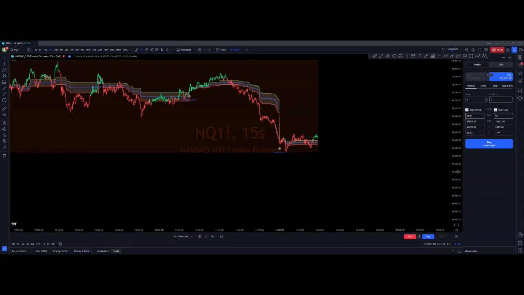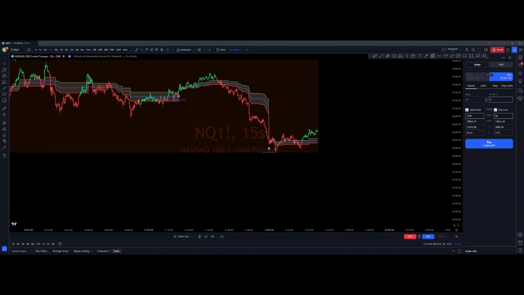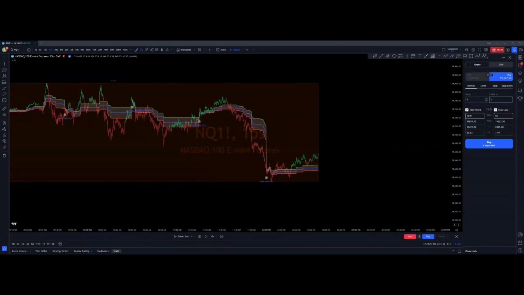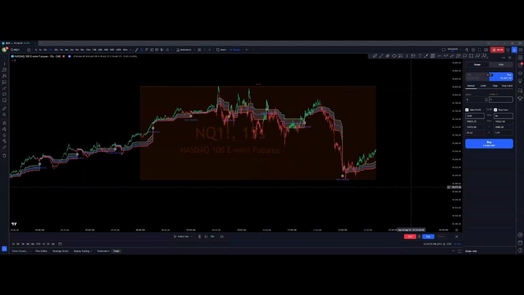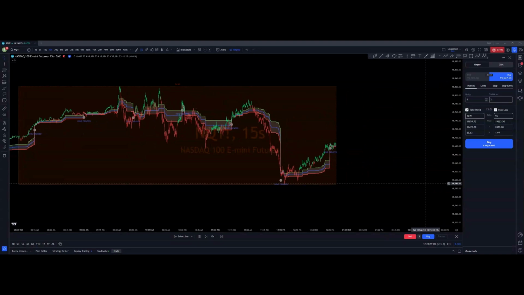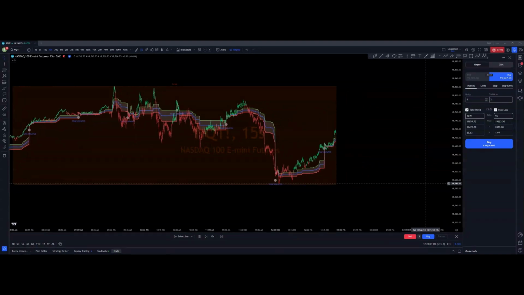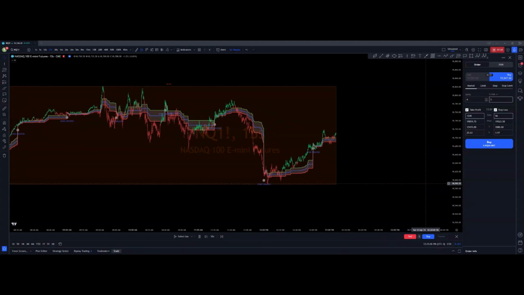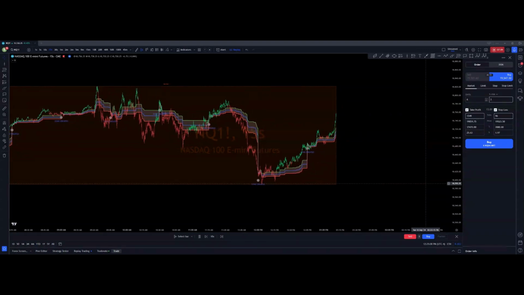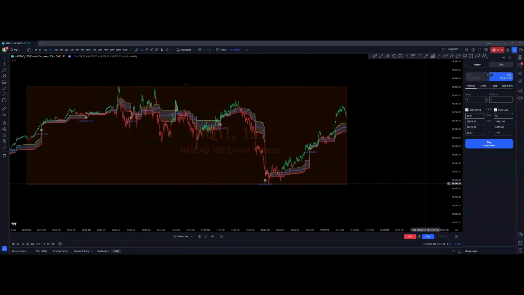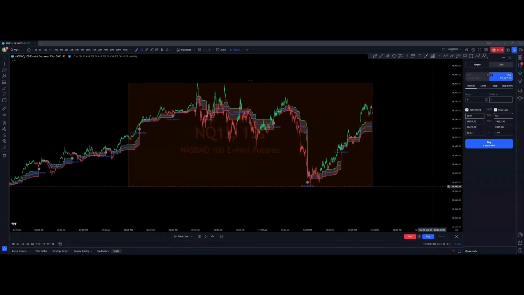We get stopped. We're in our buy again. I do go break even at 2 to 1s, by the way, just letting you know. At the 2 to 1, I go break even.